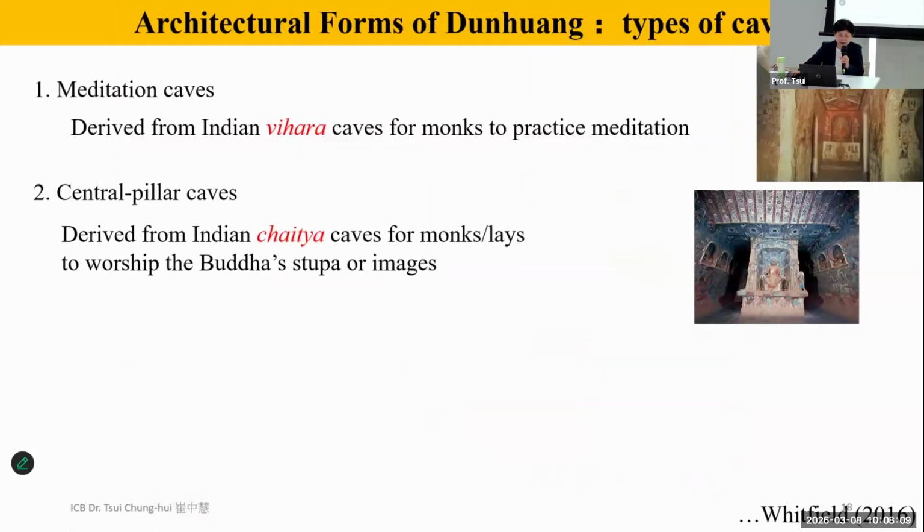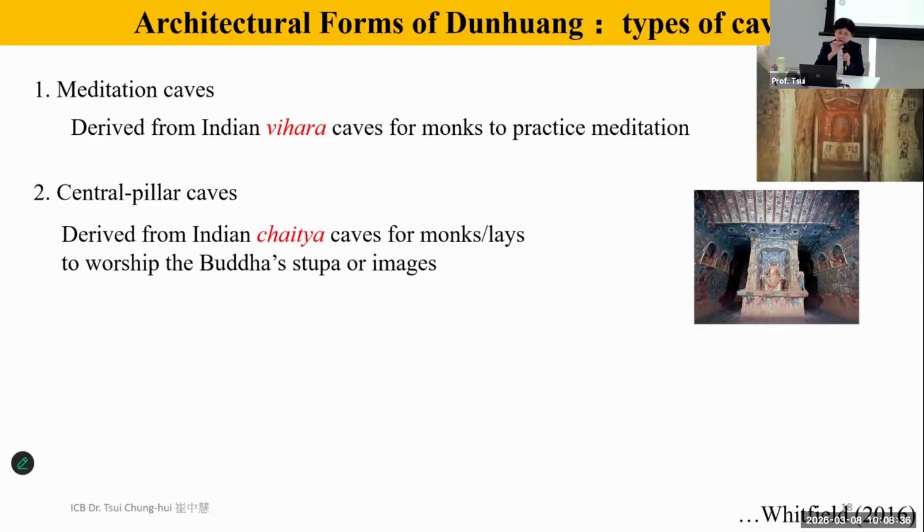So let's examine the various types of architecture in Dunhuang. In yesterday's lecture, I introduced the monk Yue Zun. He traveled from the east. When he arrived at Dunhuang, he started to build the very first cave in Dunhuang.